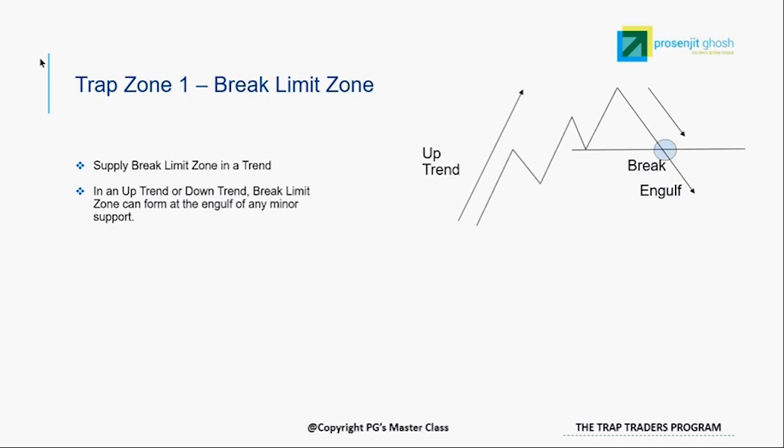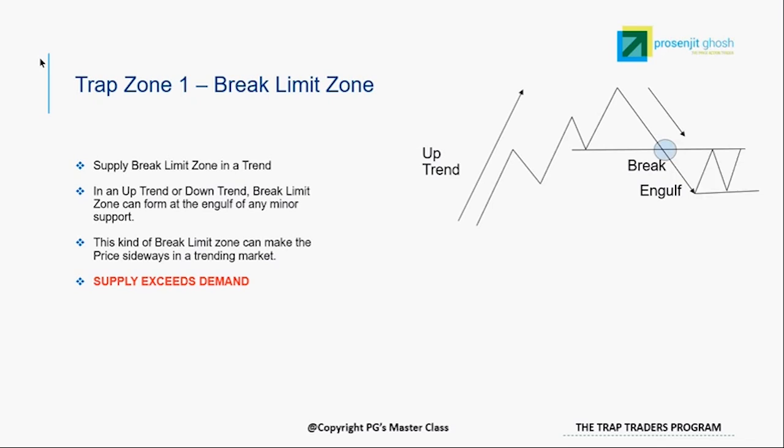Now once that happens, I know any of the supply structure break limit zones can form here, and if that forms and the support line is cutting through the base candle, then I can take a short trade, because supply exceeds demand here, and this is how I can take the trade. And thereafter I expect price to go sideways and then break down. Okay, so this is in an uptrend.